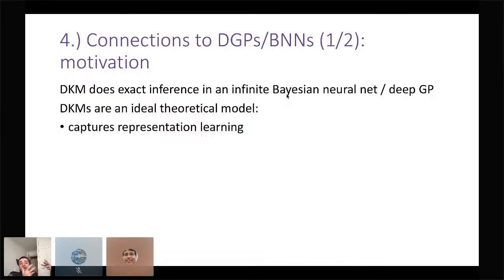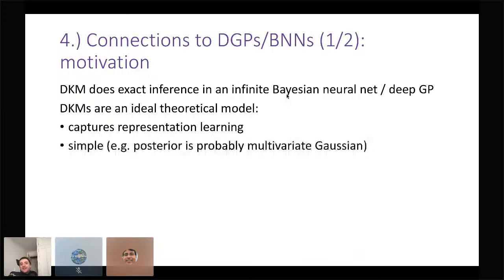And the reason is that they capture representation learning, so they capture that shaping of the top layer representation or features so as to get good performance on those complicated data sets. And that's really kind of the essence of deep learning. But at the same time, they're very simple.